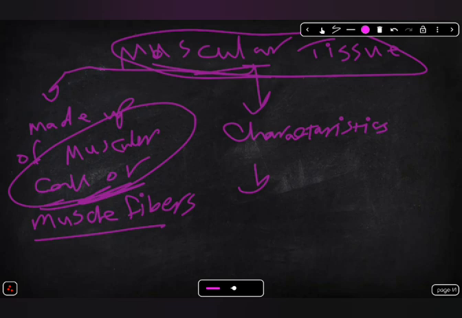So the characteristics of muscular tissue has the ability of contraction and relaxation. Number 3, the types of muscular tissue. There is 3 types. Number 1, smooth muscles.